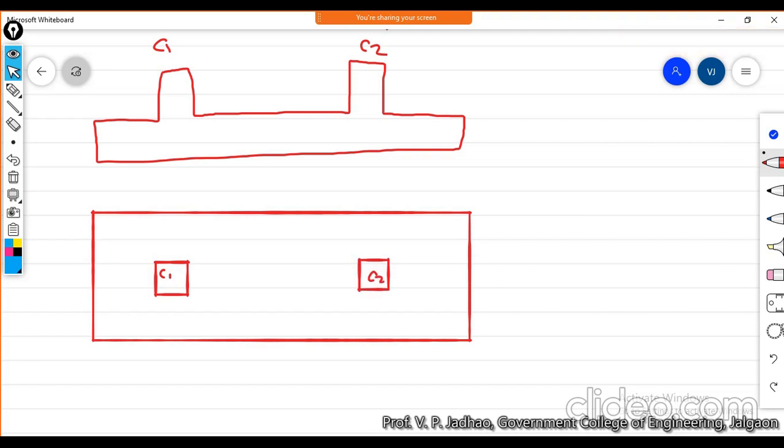This distance A1 is equal to 0.4 meter. This distance A2 is 1.32 meter. This distance small l is equal to 4 meter.